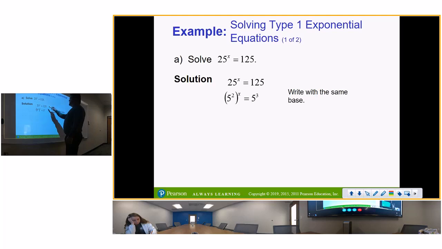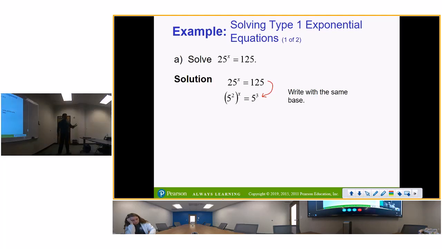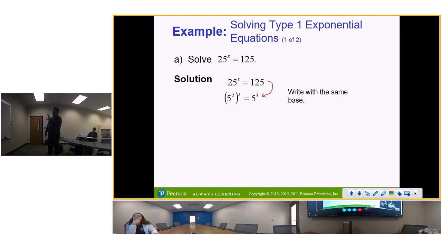If you don't understand this step, tell me right now. What is 25? 25 is 5 to the 2nd power. What is 125? 5 to the what? 3rd power. Does anybody not understand this?